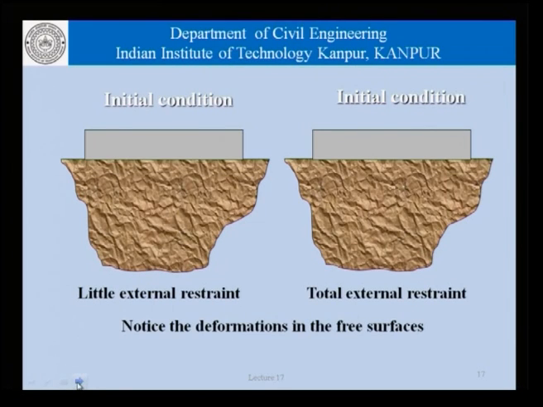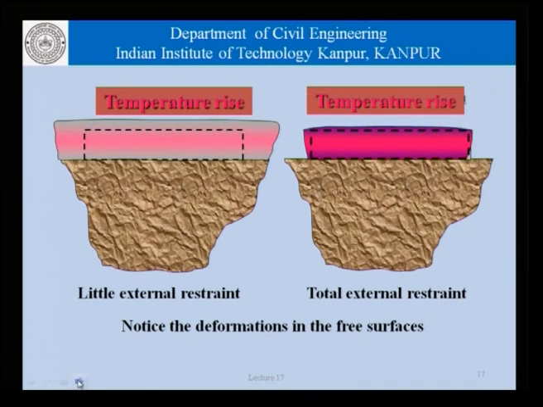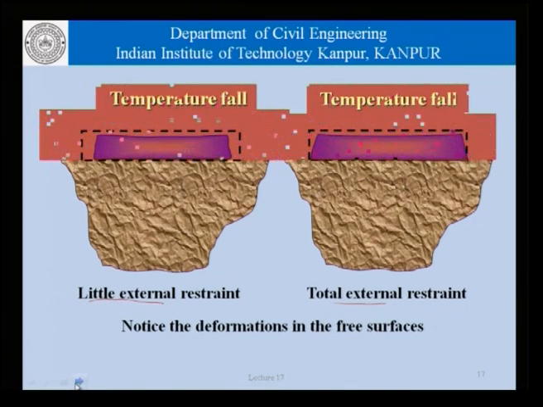We had discussed this example, which was a more realistic example of a concrete block being cast against the surface of a previous concrete or a rock bed, and seen how the situation changes with little external strain and total external strain at the time of temperature rise and also at the time of temperature fall, that is, the cooling of concrete.